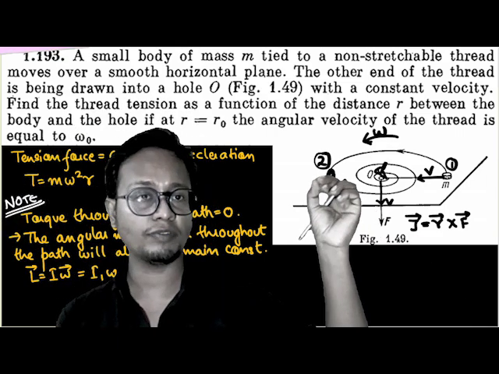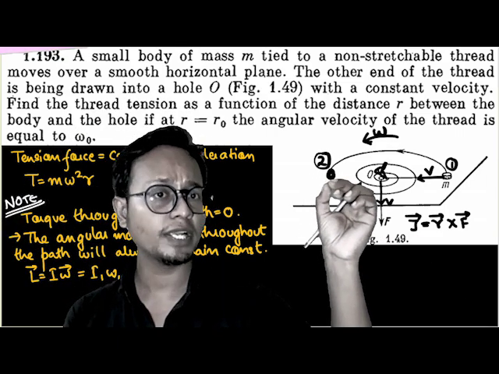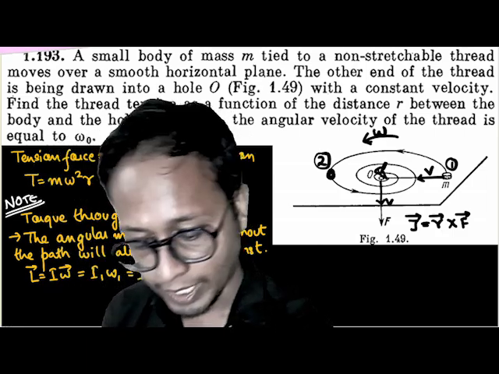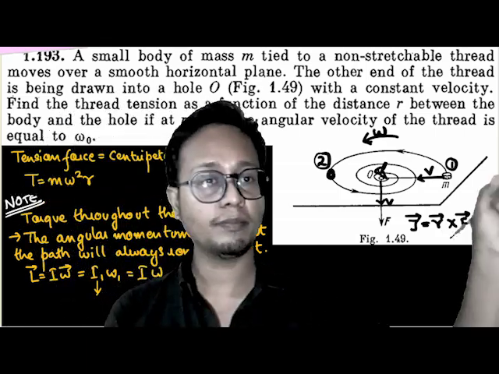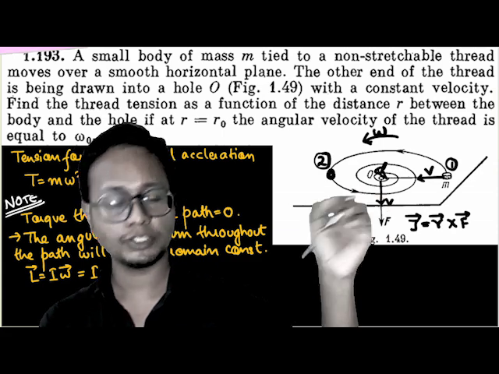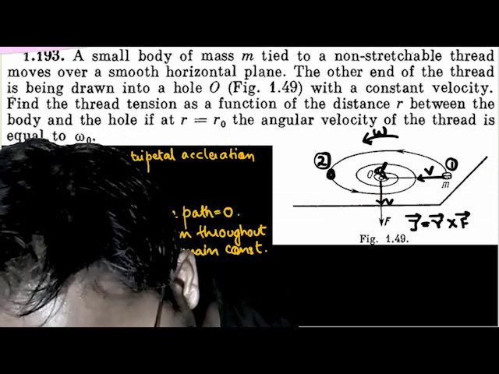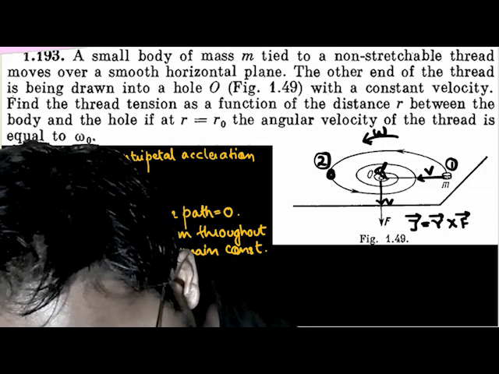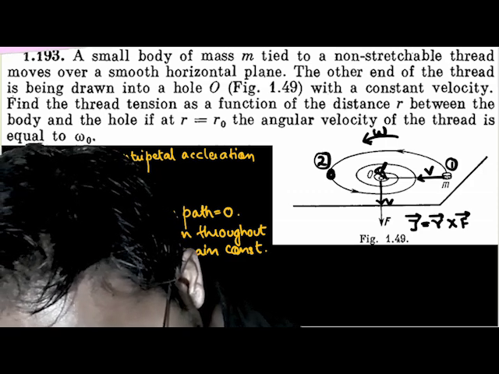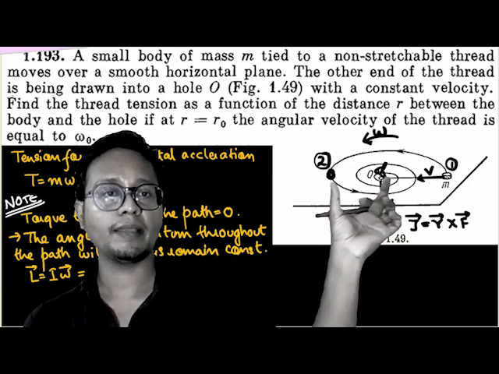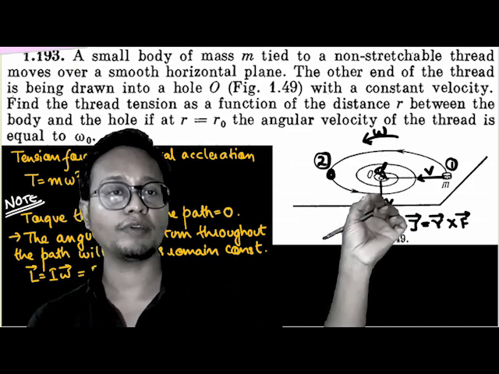That means if I am calculating the angular velocity out here, I have to calculate the moment of inertia out here. And what is the moment of inertia of a point mass M? M into R square. So M R1 square omega 1 is equal to the mass into the radius at which I'm finding the angular momentum, M R square.